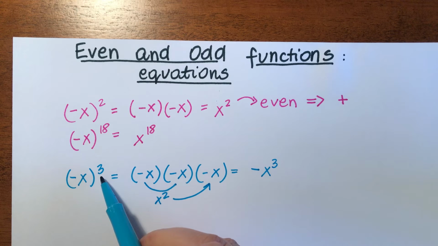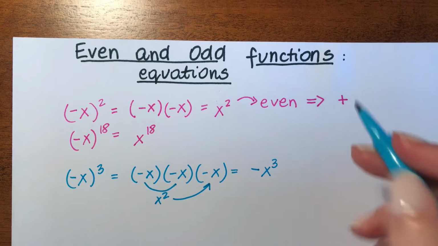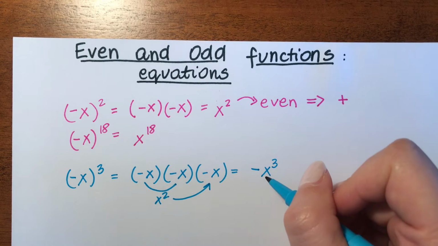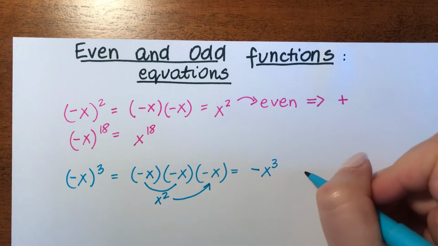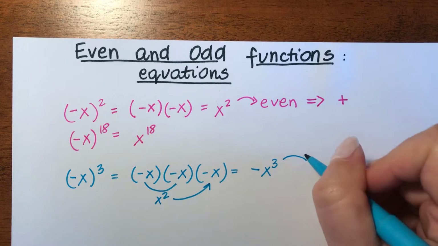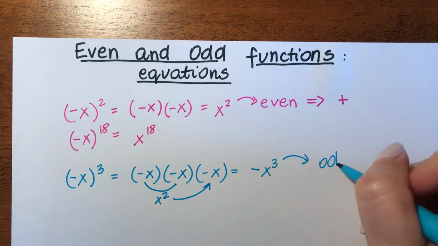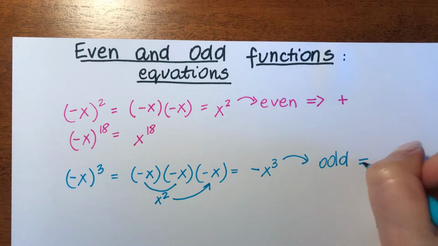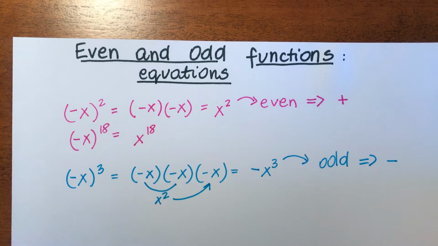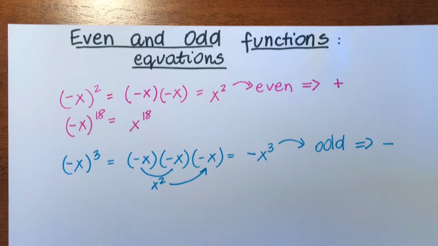Well, in summary, whenever you're raising negative x to an odd exponent, you will always end up with a negative x. So this is an odd exponent, and you're going to end up with a negative answer.